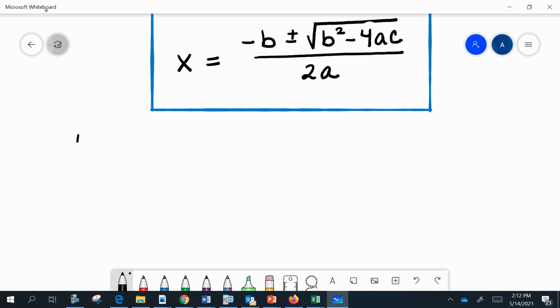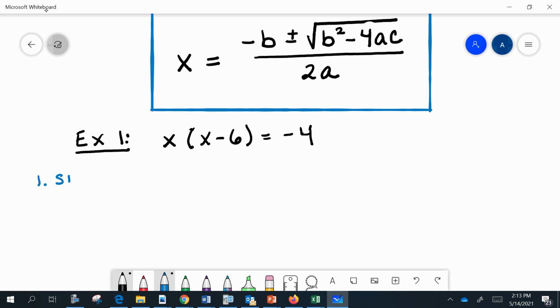Example 1. All right, so let's solve x times x minus 6 is equal to negative 4. The first thing that I need to do when I use the quadratic formula is write the equation in standard form. A lot of times the equation might already be written in standard form, but if it's not, then we're just going to perform these algebra steps.